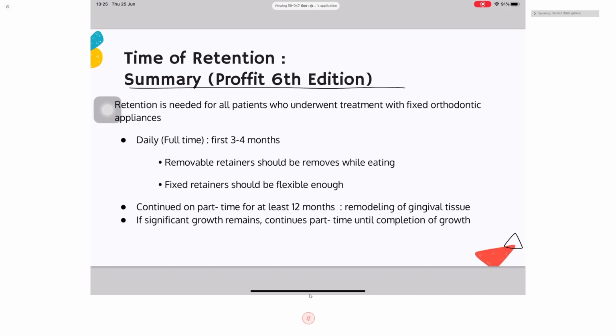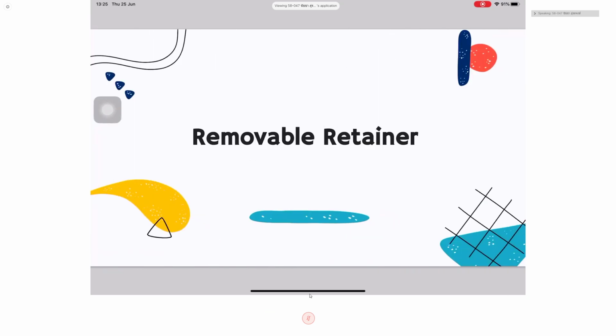A removable retainer should be removed only while eating, and a fixed retainer should be flexible enough to allow displacement of individual teeth during mastication. Then continue on a part-time basis for at least 12 months. If significant growth remains, continue part-time until growth is complete.